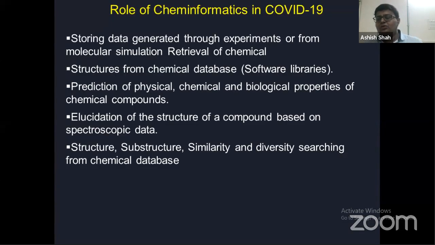Now, this was the role of bioinformatics. Now, the second is the role of chemoinformatics. The role of chemoinformatics is that you can screen your compounds from the database. Then, as I have mentioned previously, you can predict physicochemical and biological properties like ADME and toxicity properties, and then you may screen the compounds.